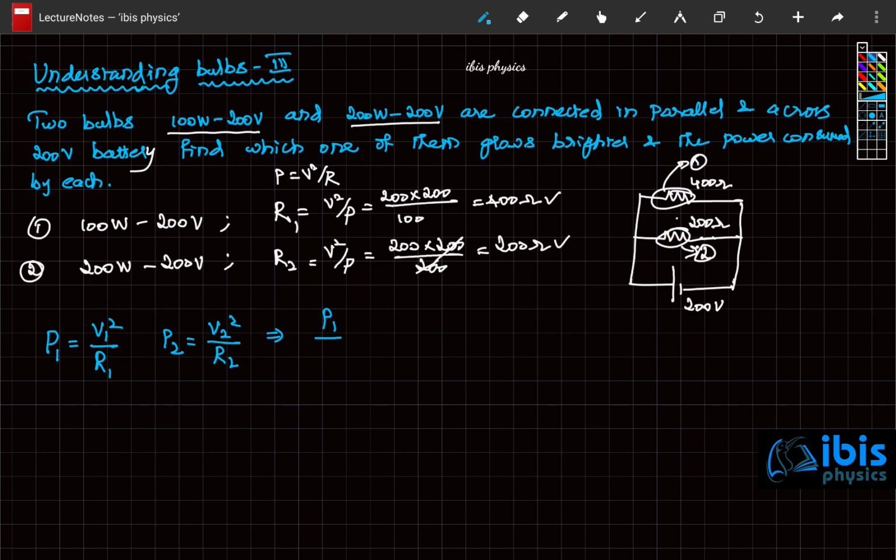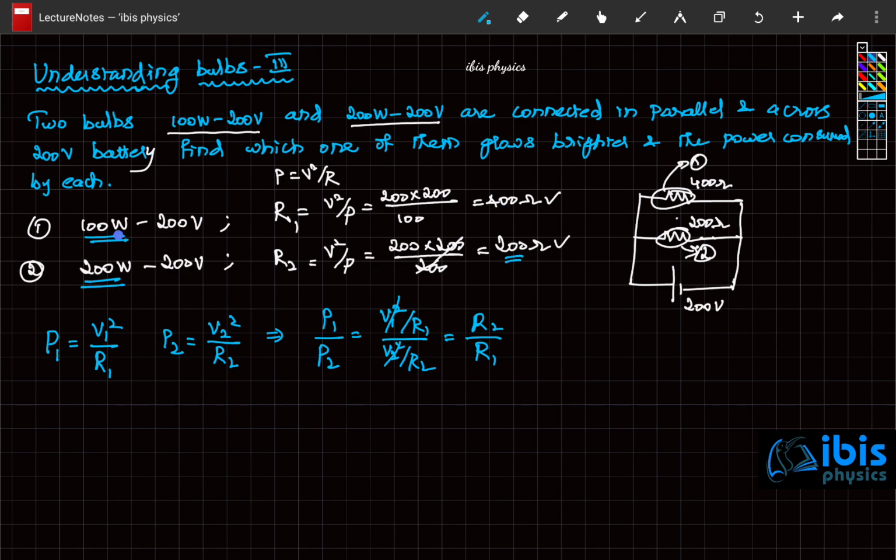So power consumed by the first one by power consumed by the second one is equal to V1 square by R1 by V2 square by R2, but both of them are connected across the same voltage. V square will be cancelled, so R2 by R1. So P1 by P2 is R2 by R1. The one with greater power has lesser resistance.